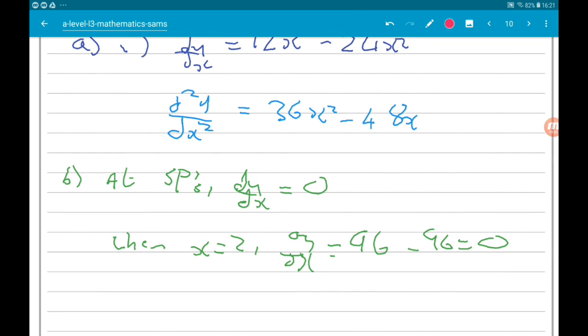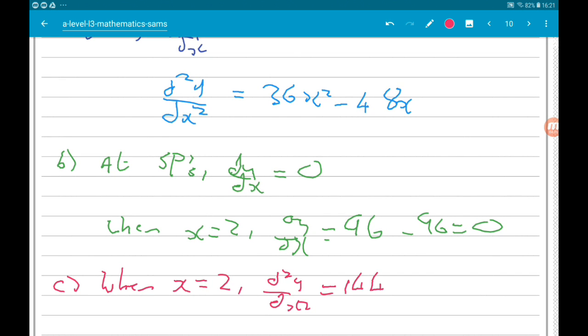So when x equals 2, d squared y by dx squared is 36 times 4, which is 144.